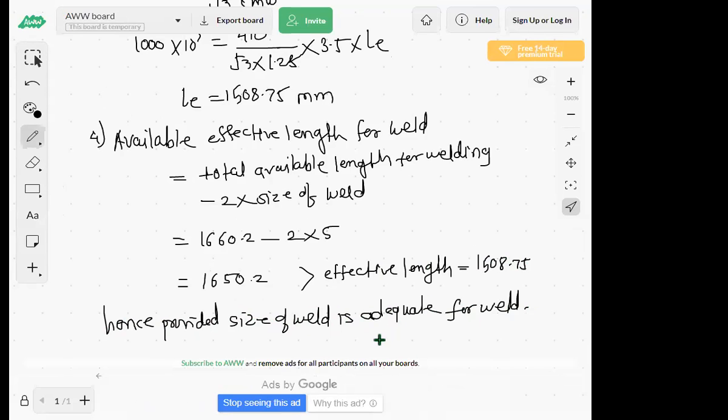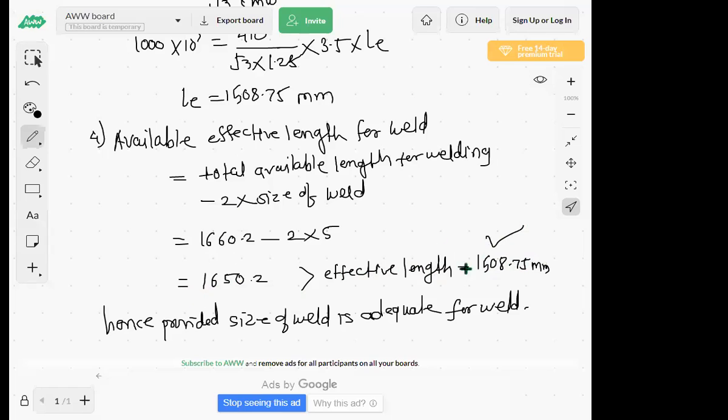Are you getting? In this way you can. So now you can weld for this 1650 or 1508. 1508 length of welding will be enough. This is your welding length, the effective weld length. It means you have to weld at least this length, 1508.75, because available is greater than this.